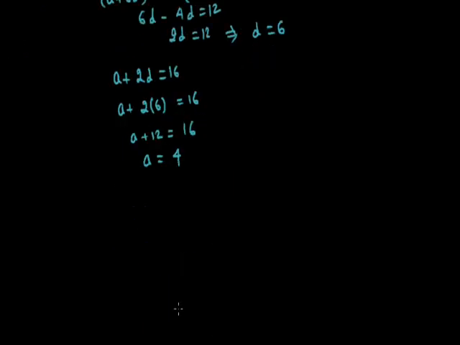So the AP is: first term is 4, common difference is 6. Then 4 plus 6 equal to 10, then 10 plus 6, 16. 16 plus 6, 22. 22 plus 6, 28. And so on. So this is the required AP.